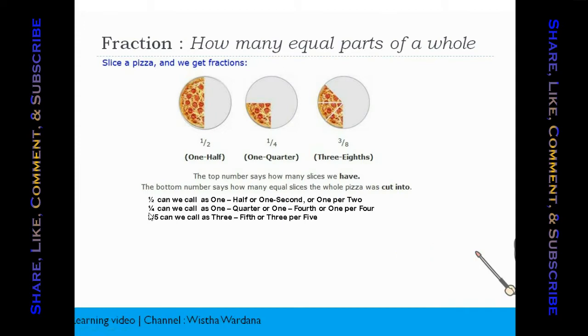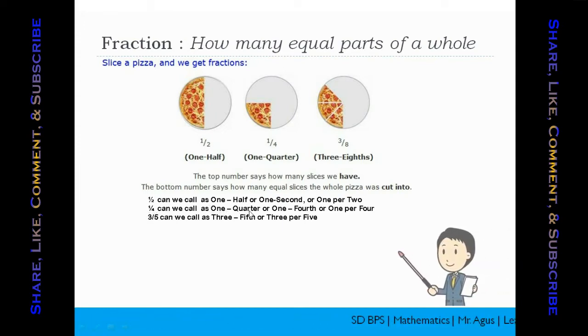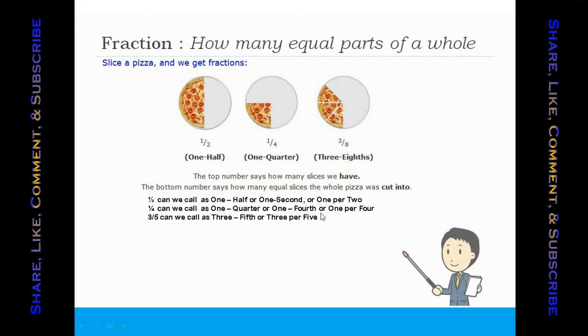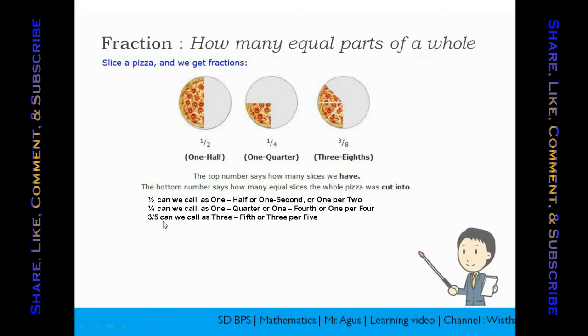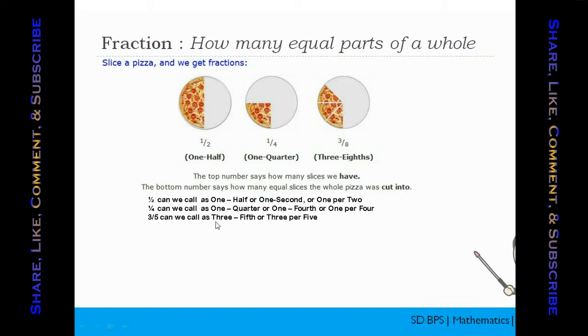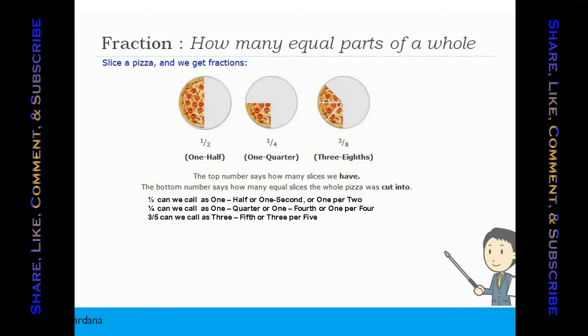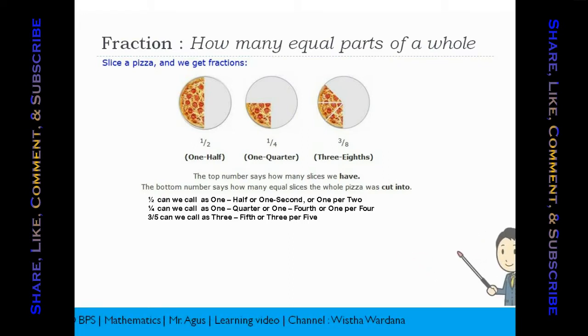And then 1 per 4 we can call as 1 quarter, or 1 fourth, or 1 per 4. The other example, 3 per 5, we can call as 3 fifths or 3 per 5. Depend on you. Which one is easier for you? You can use one of them.